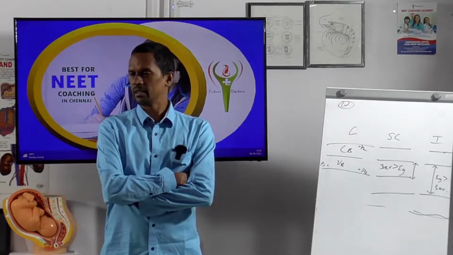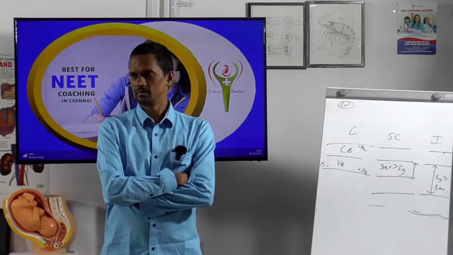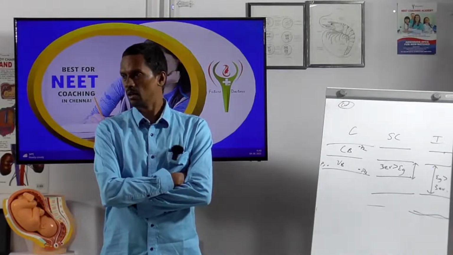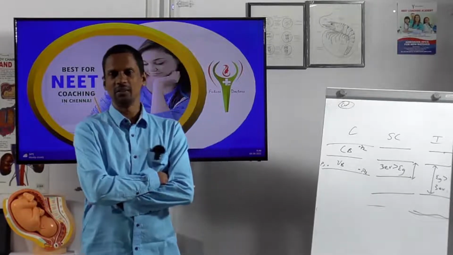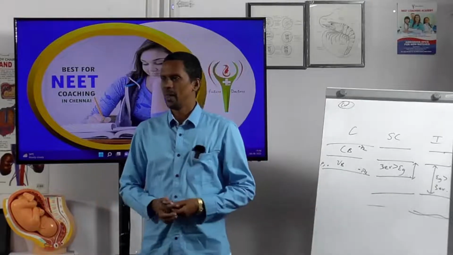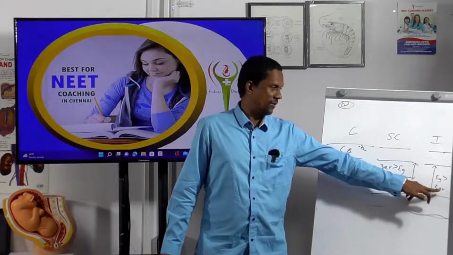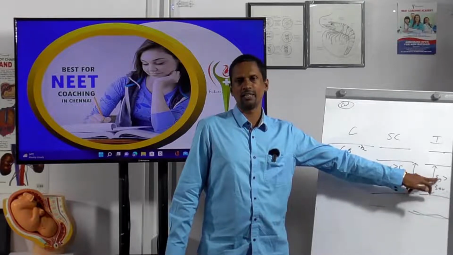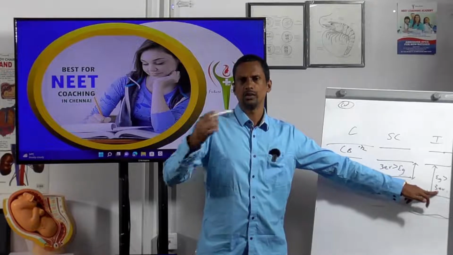3.1, correct. Why is it 3.1? Because the energy gap is greater than 3 electron volt. So what value can I substitute for Eg so that it is more than 3 electron volt?